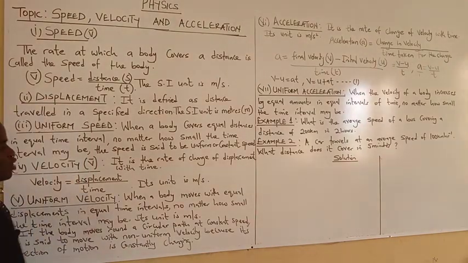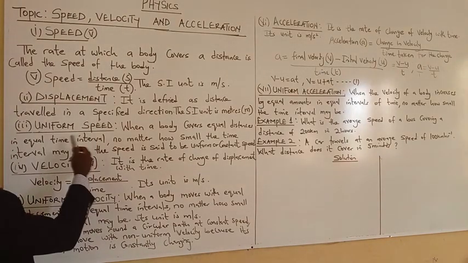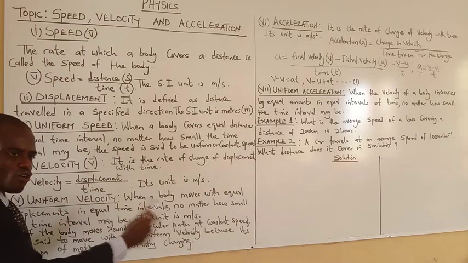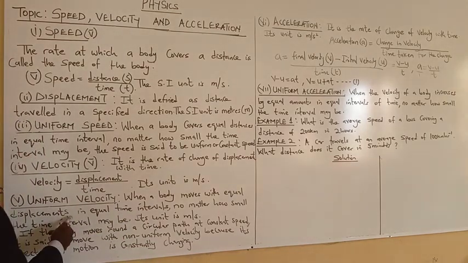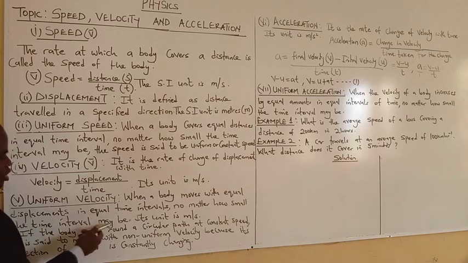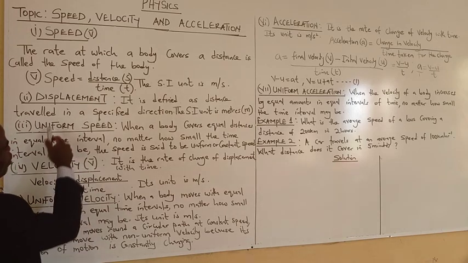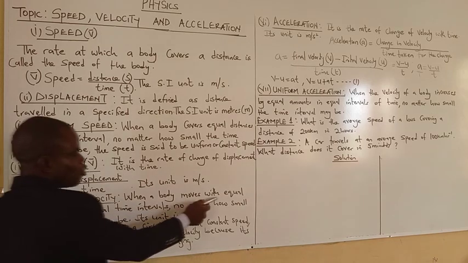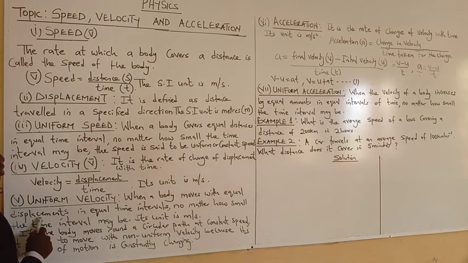Now let's go to uniform velocity. Very synonymous to uniform speed. When the body moves or covers equal displacement in equal time interval, no matter how small the time interval may be. What's the difference between uniform velocity and uniform speed? When you are defining it, you say the body moves with equal displacements.